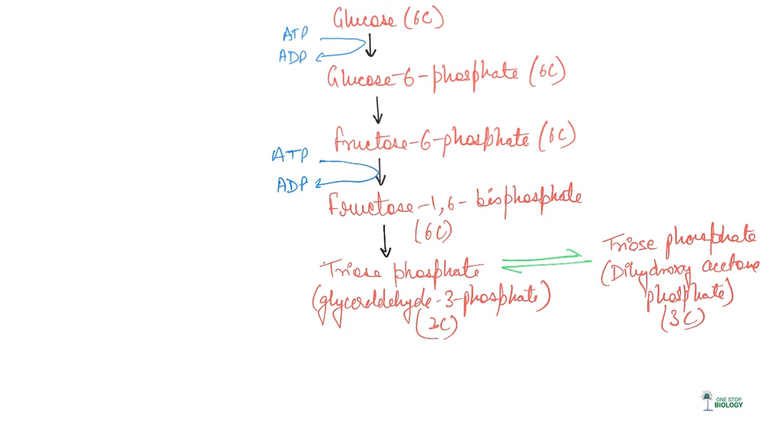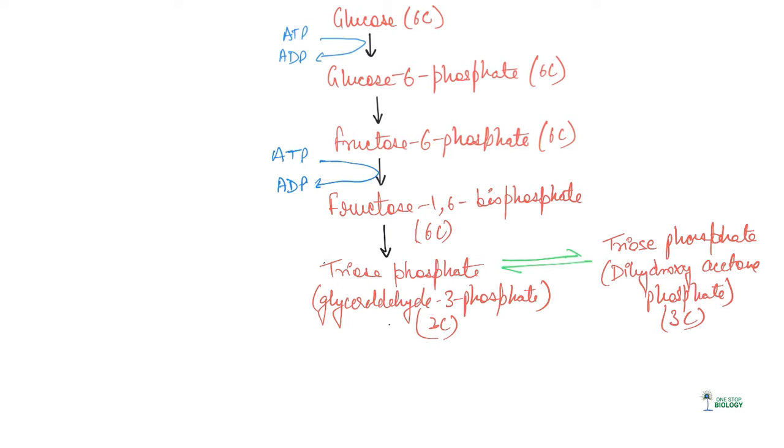Okay, so basically here there is one step where NADH is formed from NAD plus. This is when 3-phosphoglyceraldehyde is converted to 1,3-bisphosphoglyceric acid.